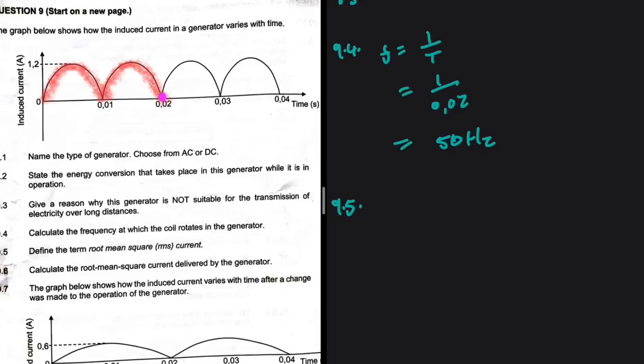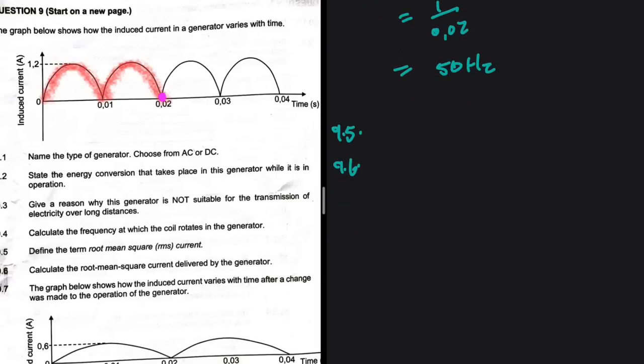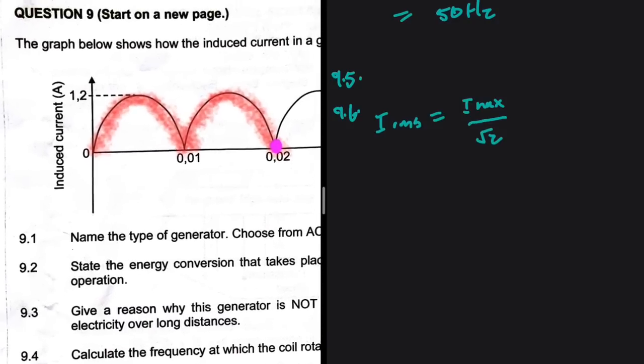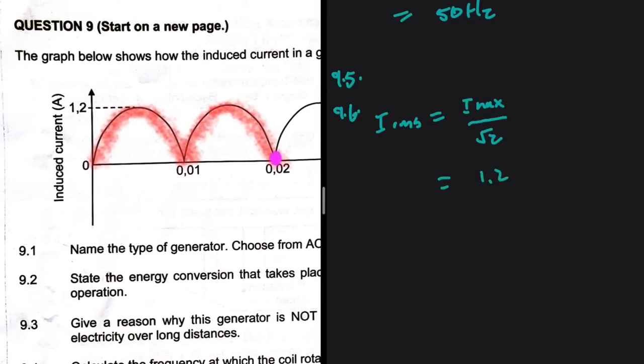And then 9.5, define the term root mean square current. Well, I'm going to leave that to you. And then 9.6, calculate the root mean square current delivered by the generator. Well, let's go. We know that IRMS is equal to Imax divided by square root of 2. Okay, so we can see there that we have 1.2 divided by square root of 2.